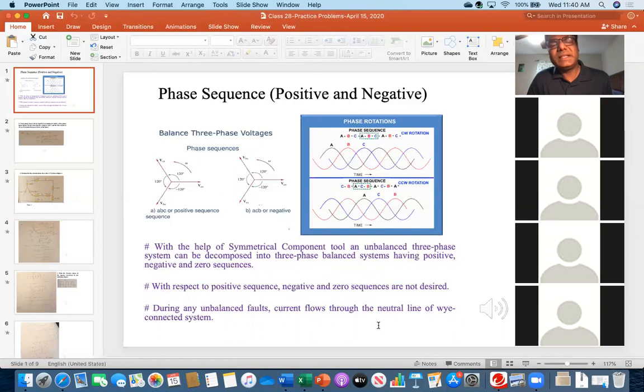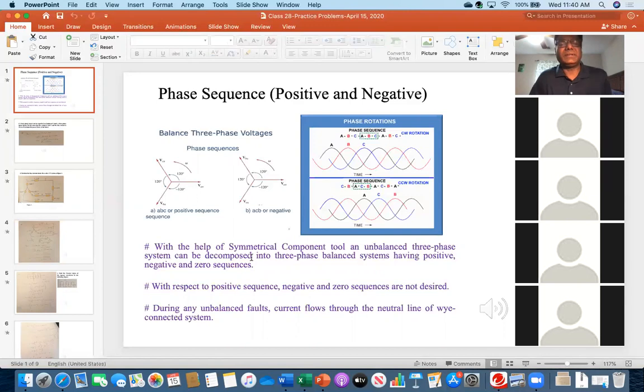So in case there is any fault in any of the three-phase systems, then zero sequence current will start flowing through the neutral, and that neutral current will again start flowing through the other neutrals. Consequently, all systems will be overloaded, there will be heating, power loss, and even the system might be damaged or broken. So that's why this zero sequence thing is important.